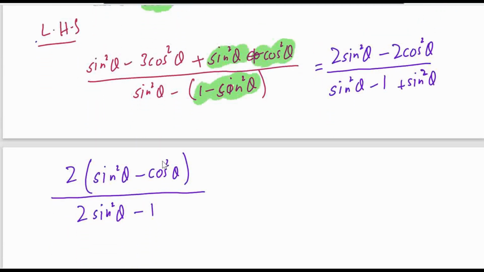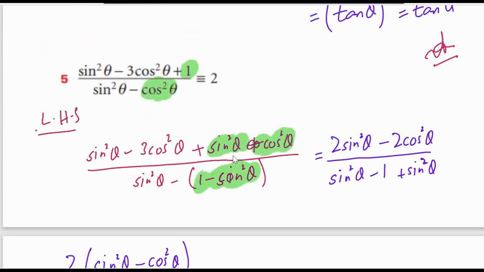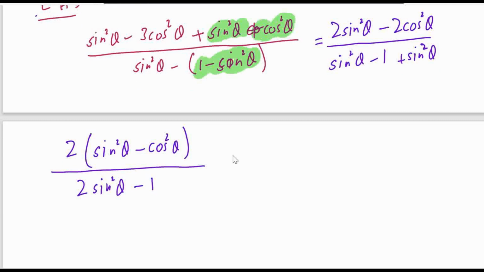On the right hand side we need 2 only, so it means that we have to remove this thing.